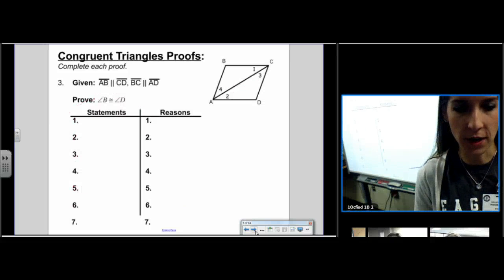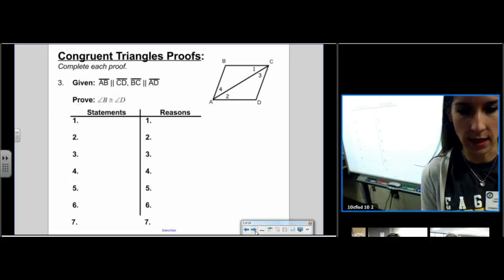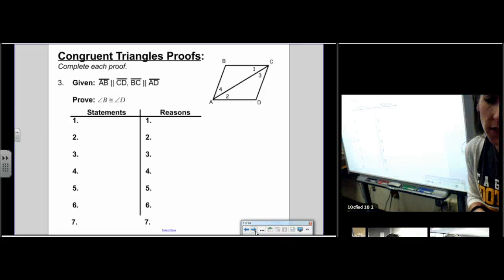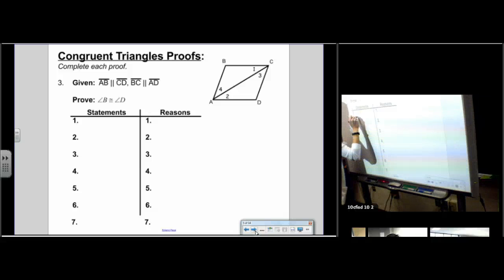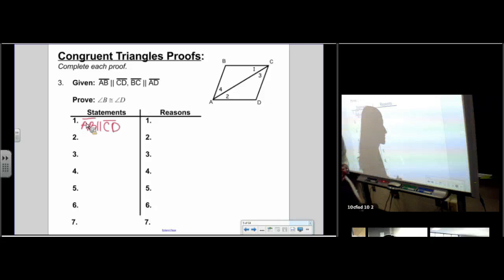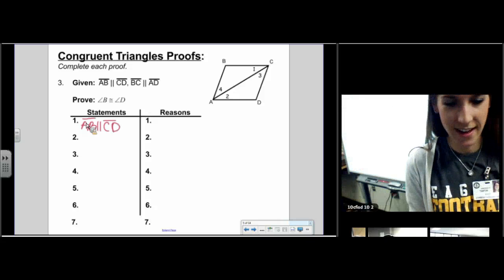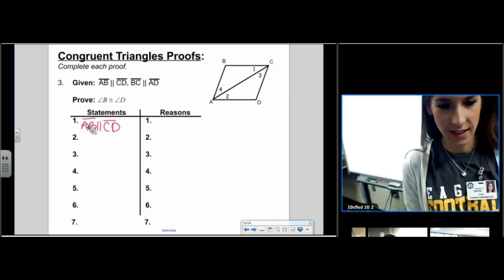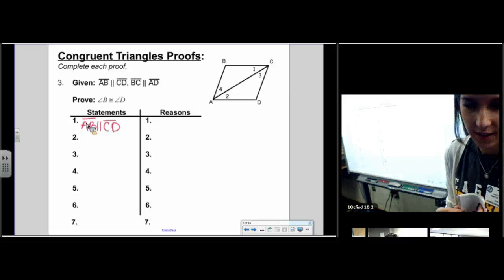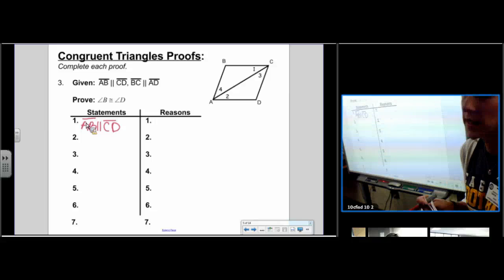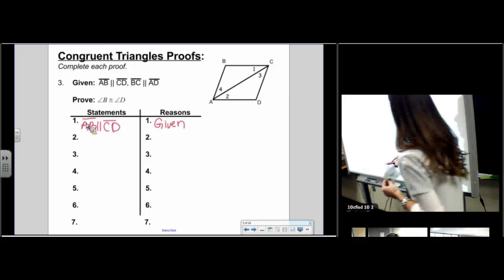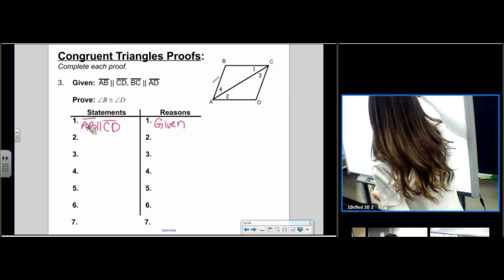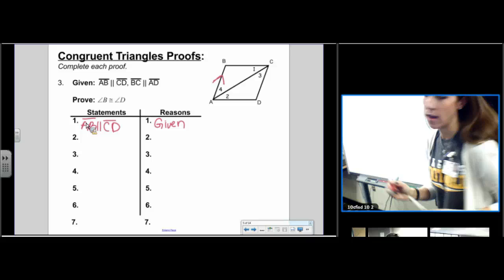Eric, you're actually up first. What's our first statement and reason? Good. And reason? Good. Relina, what's number 2? What happens when two lines are parallel?